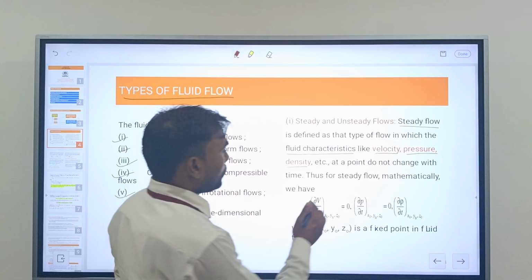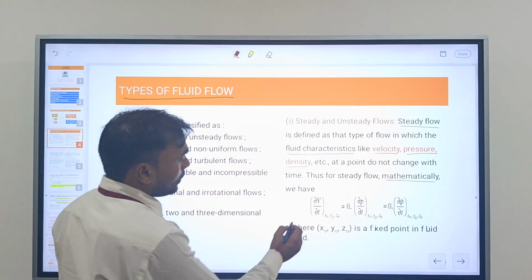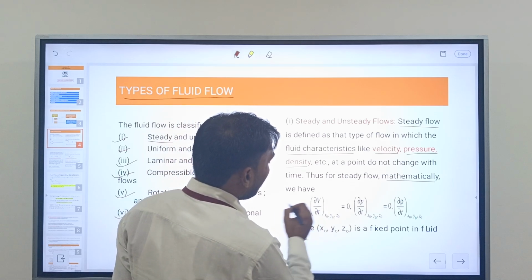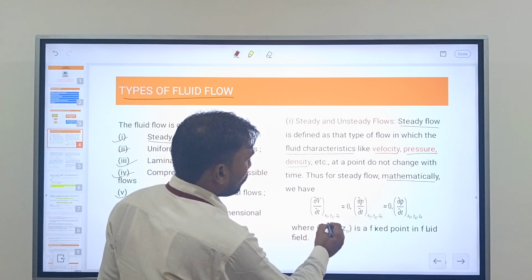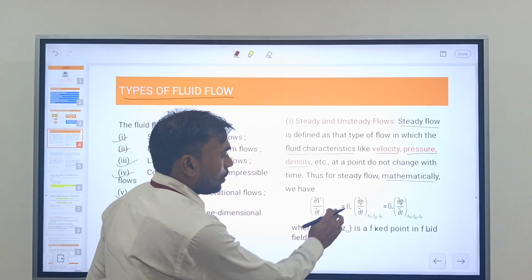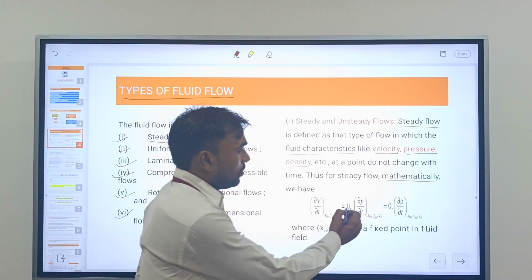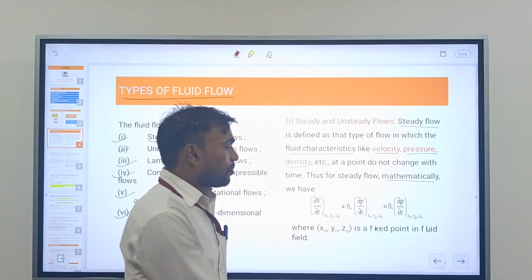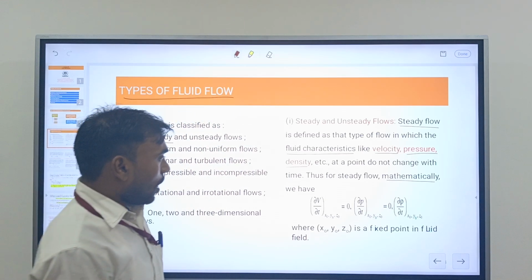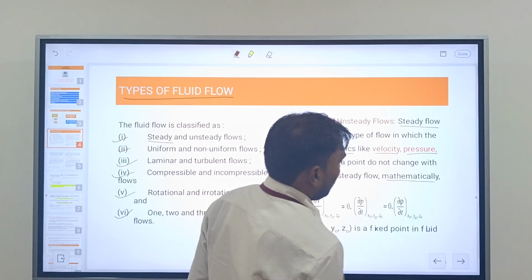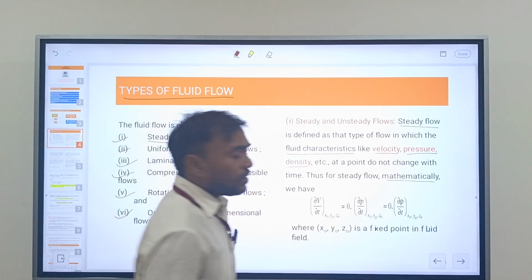If you want to represent it mathematically, we can write del V by del t at x0, y0, z0 is equal to 0. In a similar way, del P by del t at point x, y, z equals 0, and del density divided by del t at the same point will be 0.